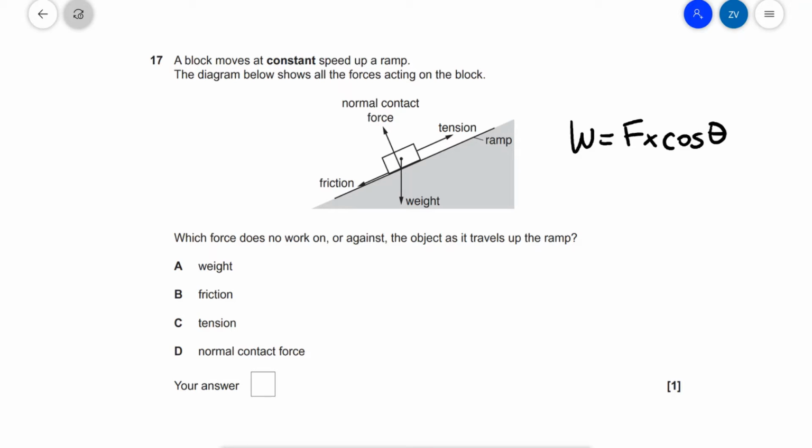Only for the normal contact force, this angle is equal to 90. So in that case, this is equal to F times cos of 90 degrees, which is actually equal to 0. So that means the work done is equal to 0. The normal contact force does no work because it's perpendicular to the direction of motion.